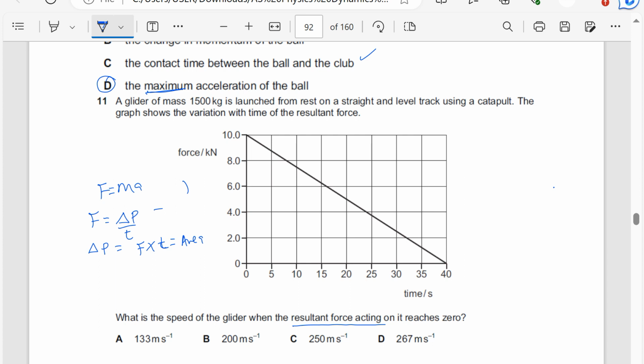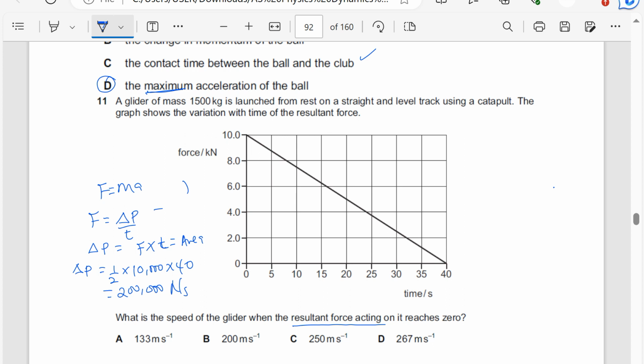Here the area is a triangle, so the change in momentum is a half times 10,000, then times 40. So I think this is 20,000, no, 200,000 Newton seconds. That is going to be the change in momentum.